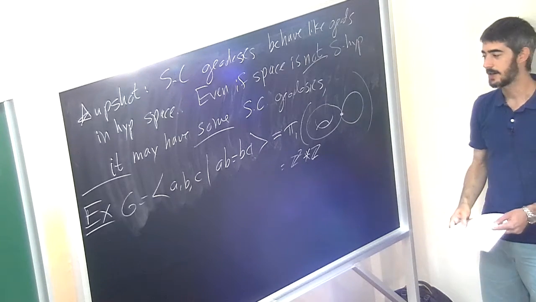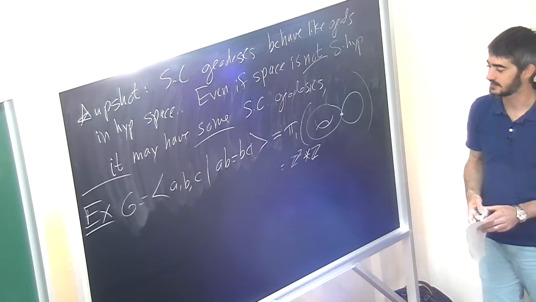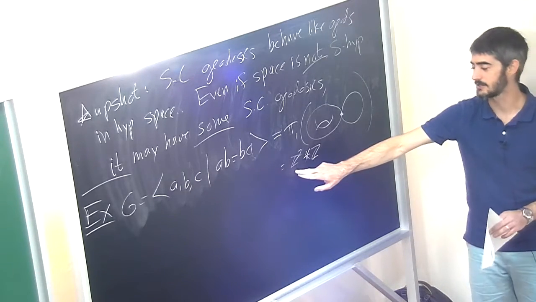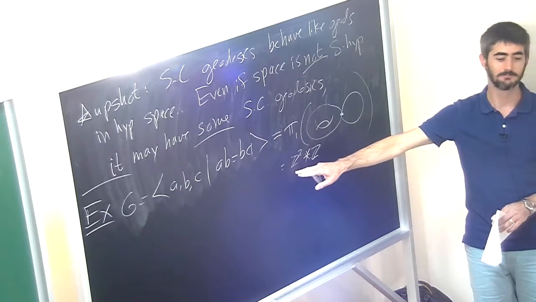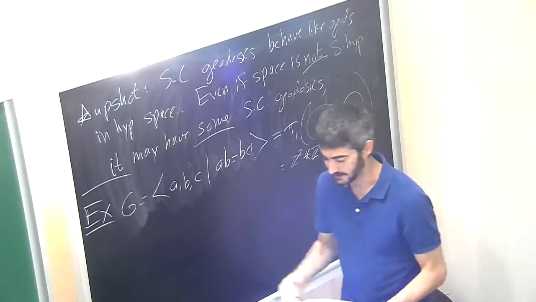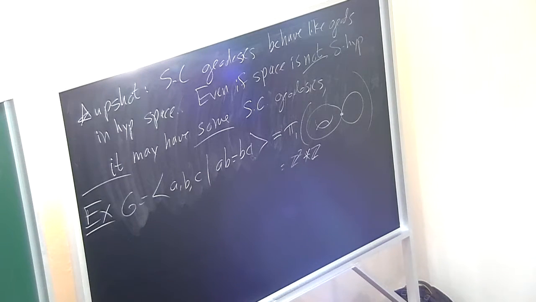Okay? All right, so this group is not hyperbolic. You can kind of see that it has this copy of Z squared in it. It turns out that having Z squared as a subgroup means you can't be hyperbolic. We saw that Z squared itself is not hyperbolic, but it turns out that it stops anything containing it from being hyperbolic.